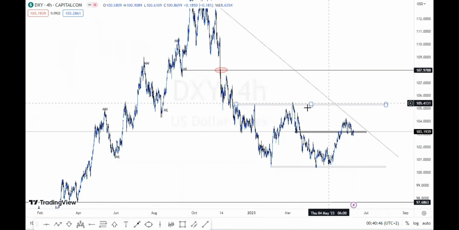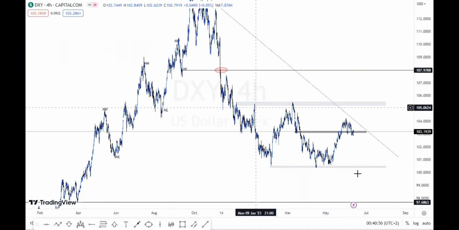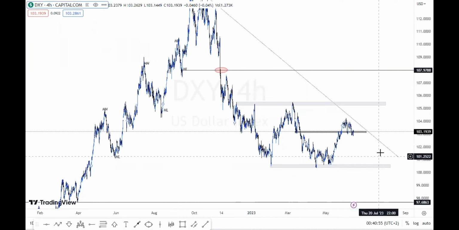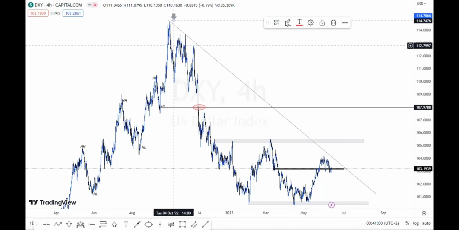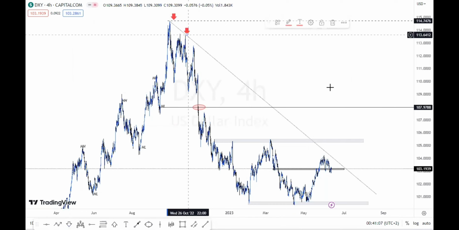We have a range, well, support and resistance in this case, and we also happen to have a trend line that has been holding. It has two touches, sorry. First touch, second touch, right? Clean.